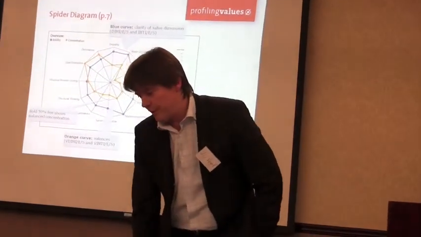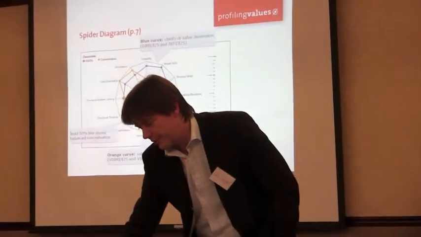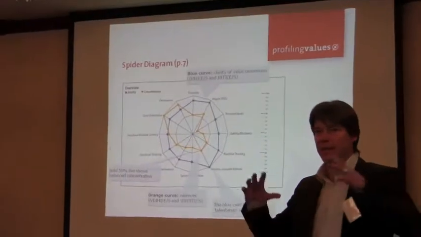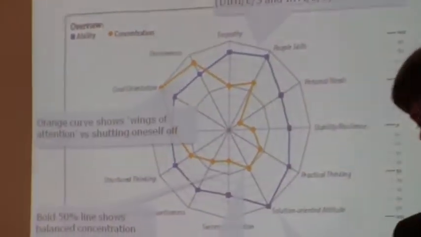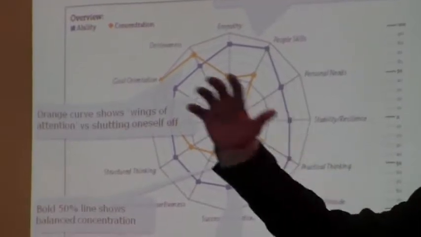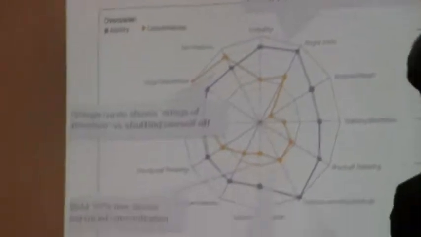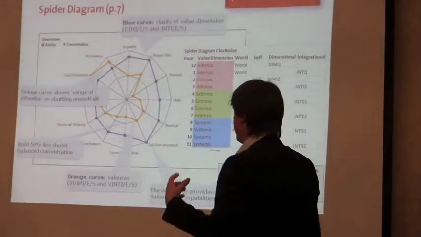We have the bold 50% line, which shows balanced concentration. So I call the blue curve something like a talent map, the capabilities someone has. And the orange curve is how the wings of attention are spread out, or someone shuts himself off. And this is all in one clock phase, which is always a good method to bring things to people.